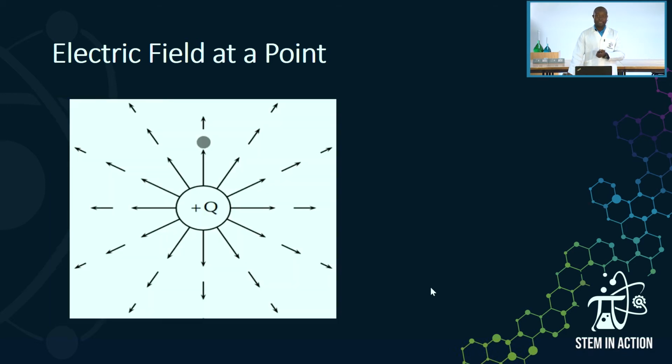And if we take it further, in this case, we still have got our positive charge, and this is our point that we are interested in. And this is the distance between our positive charge and the point that we are interested in. And we can now rewrite this.